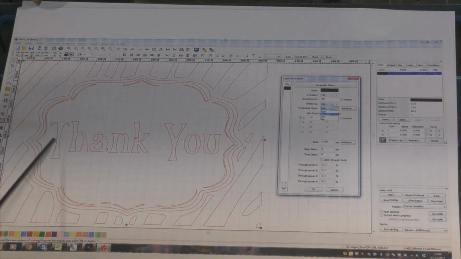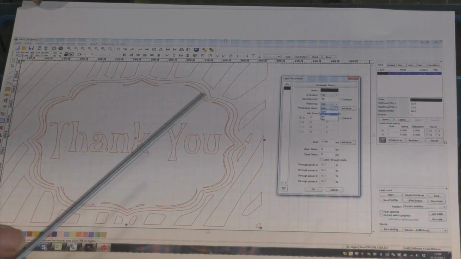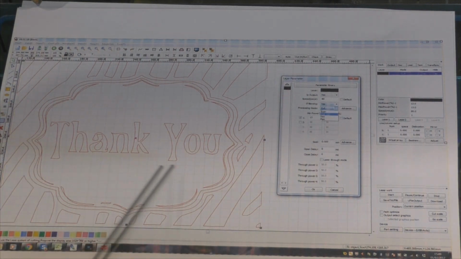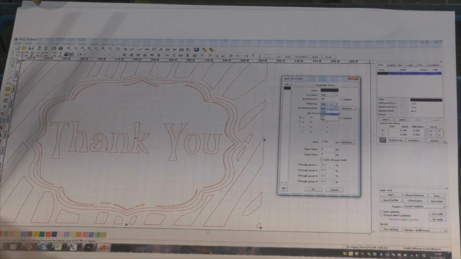But with this sort of picture, if you wish, you could leave it exactly like this and you will cut round the letters and all these shapes. It'll just turn into a doily. You could decide to select, for instance, the word thank you and put that onto a different layer and select it as a scan.